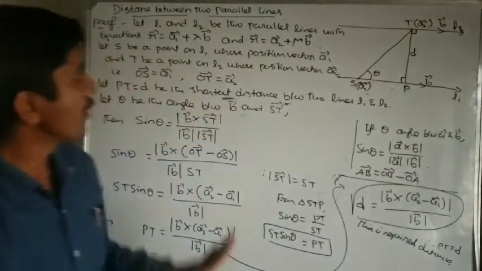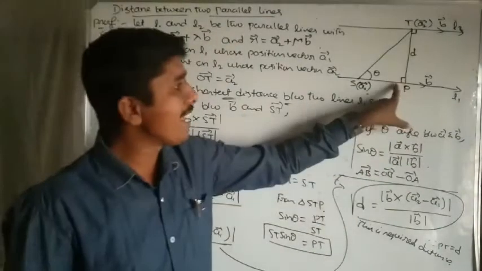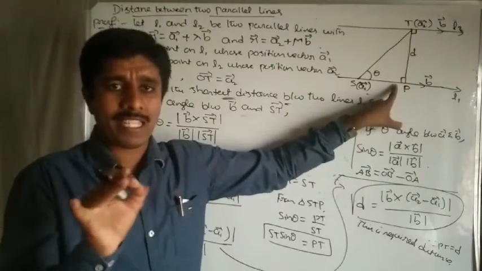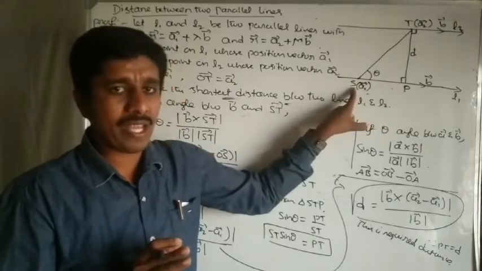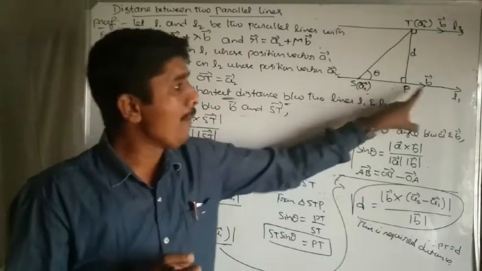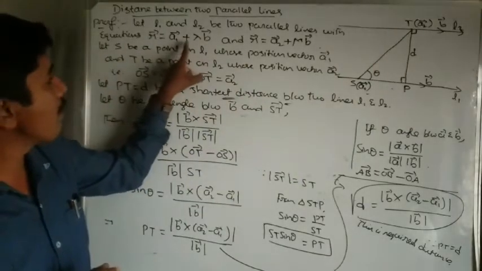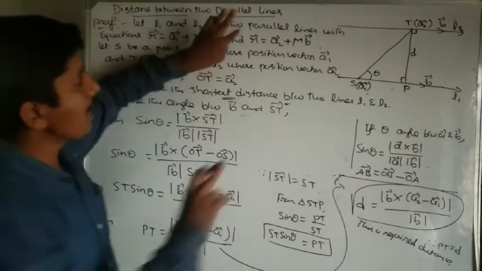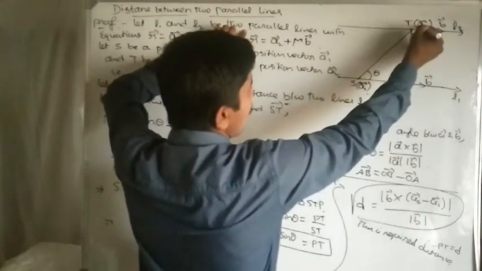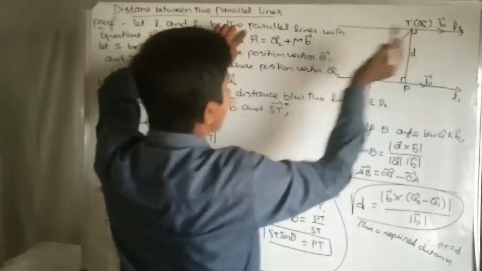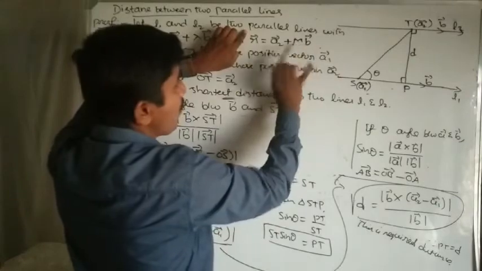Got it. Let L1 and L2 be two parallel lines with equations. We know that the equation of a line is as in the first derivation. The line passing through the point S whose position vector is vector A1 parallel to vector B is given by vector R equal to vector A1 plus lambda into vector B, and the second line passing through the point T whose position vector is vector A2 parallel to vector B is given by vector R equal to vector A2 plus mu vector B. Here mu is a scalar.